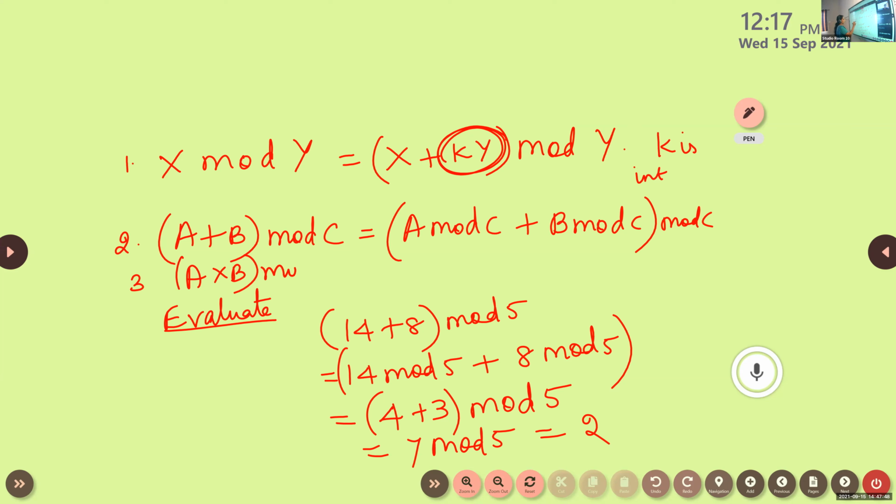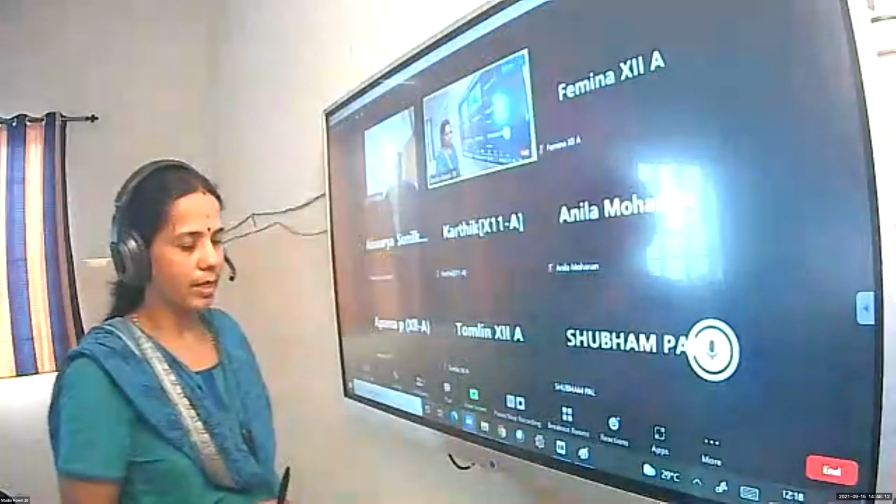You can separate it: a mod c into b mod c. Then again you have to take mod c. You have to look at the value. If it is less than c, you can write it as such. If it is greater, once again you have to divide it and write the remainder. Is it clear? Is it okay?